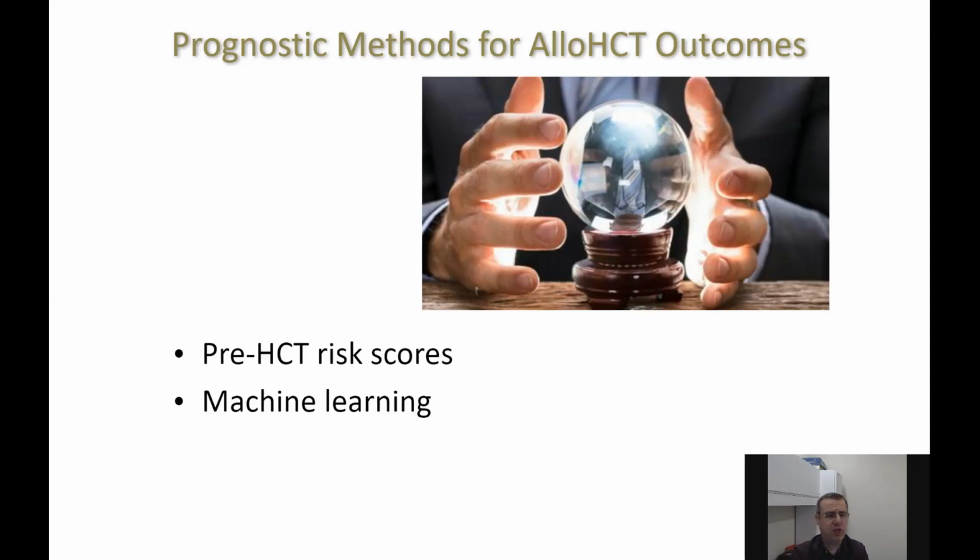However, differences from transplant center to center seem to demonstrate that these prediction scores are not very applicable across the board. Machine learning algorithms have also been developed in an attempt to predict outcomes such as graft-versus-host disease. However, I think the major player in GVHD prediction is the study of biomarkers.